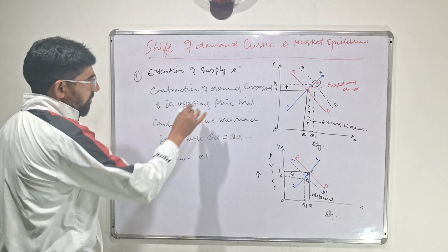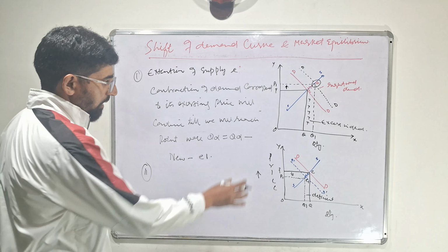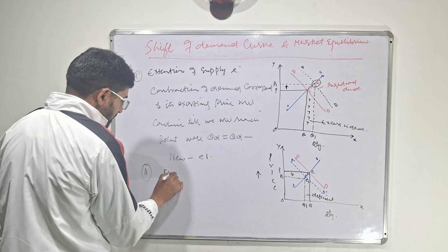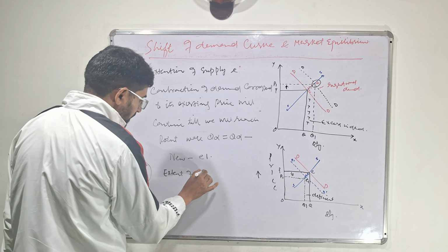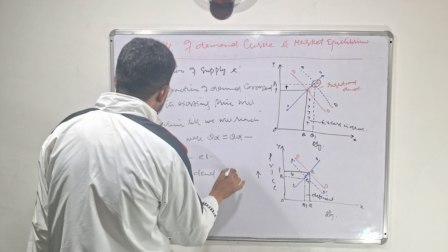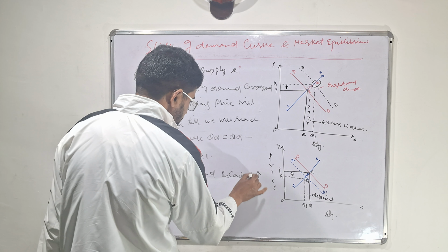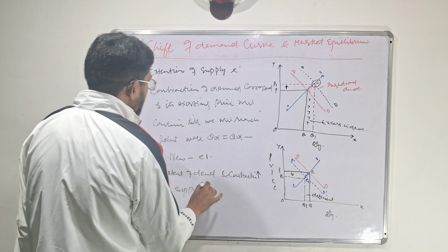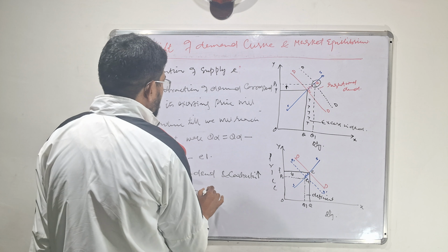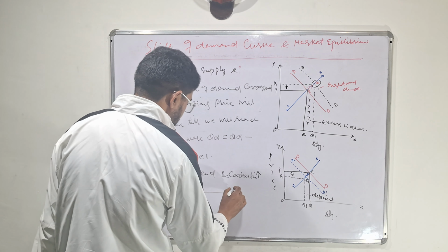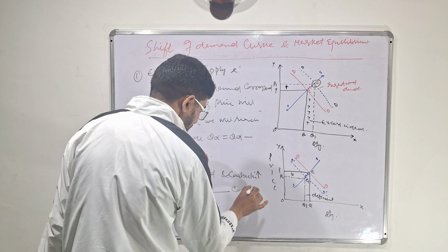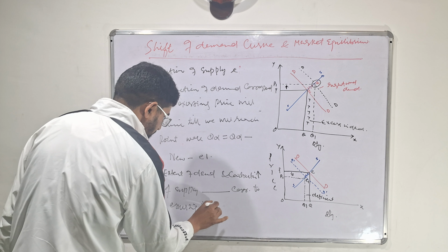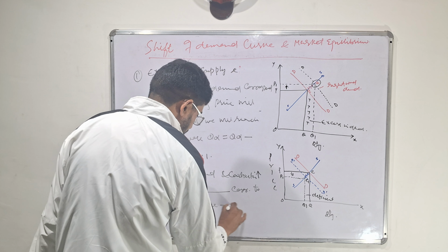Second, I will not repeat this. You have to write down in the second case. Yes, extension of demand and contraction of supply corresponding to its existing price will continue.